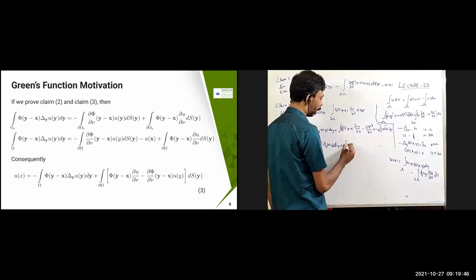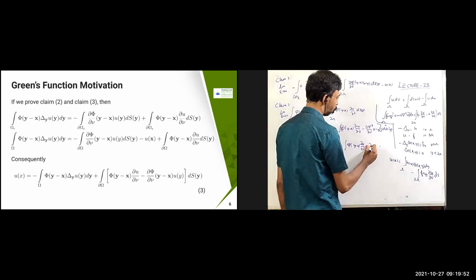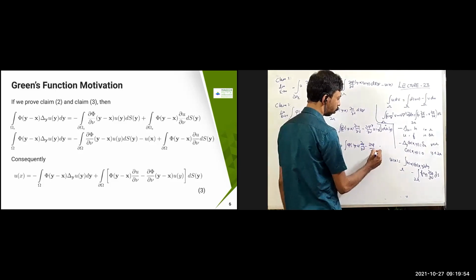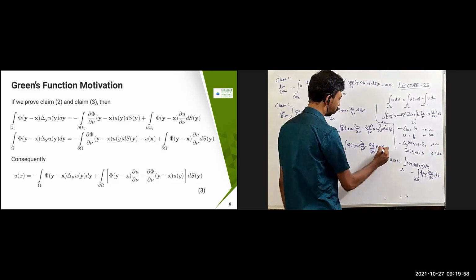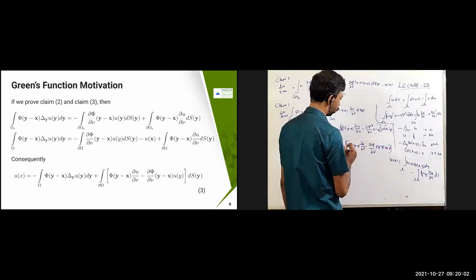Okay, so pi of y minus x into dou u by dou nu minus dou pi by dou nu of pi of y minus x into u of y dsy is going to be there.